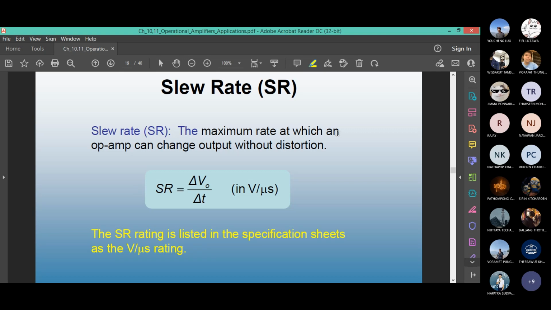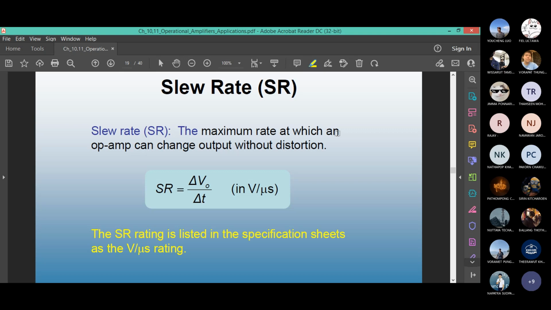It's a distorted signal. Now, the slew rate refers to a situation where the op-amp is changing output rapidly, but it's still keeping the same shape. The maximum rate at which it can keep doing that is called the slew rate.